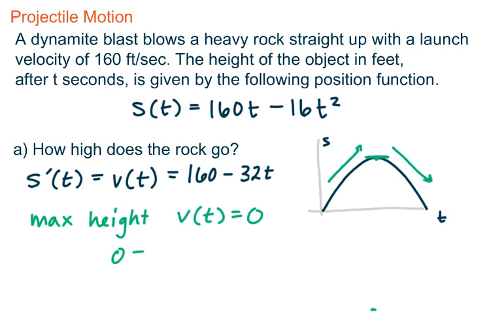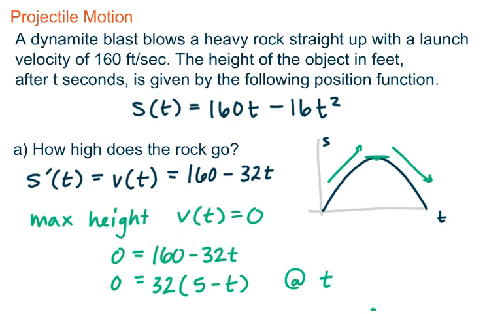So 0 equals 160 minus 32t. Solving that, I'll factor 32 out. So that's 32 times 5 minus t, or at t equals 5. So at t equals 5, we reach the maximum height.